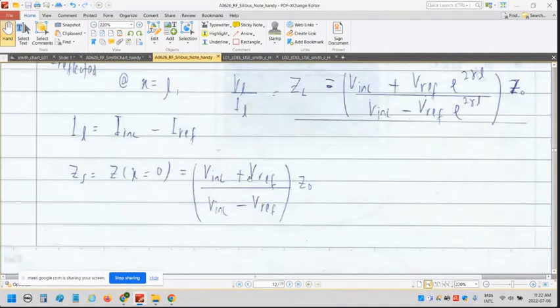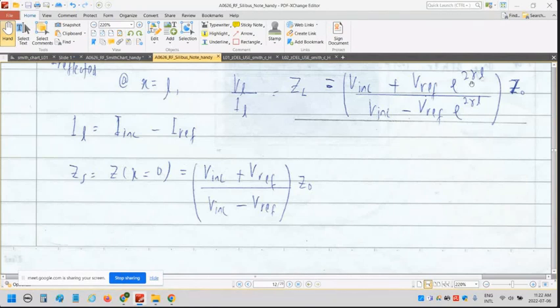For this one, ZS equals V incident plus V reflected, divided by V incident minus V reflected, which means that L is 0 here.